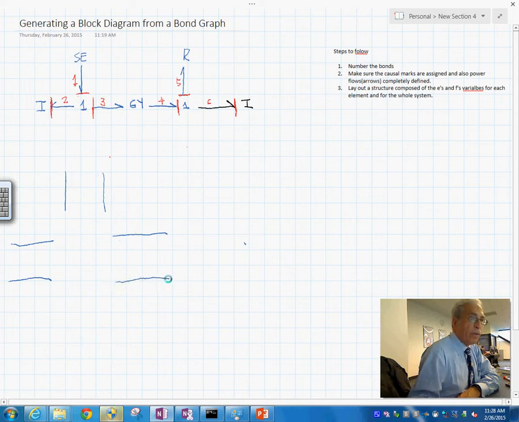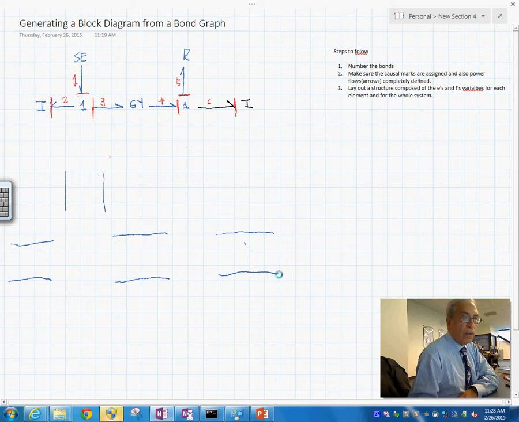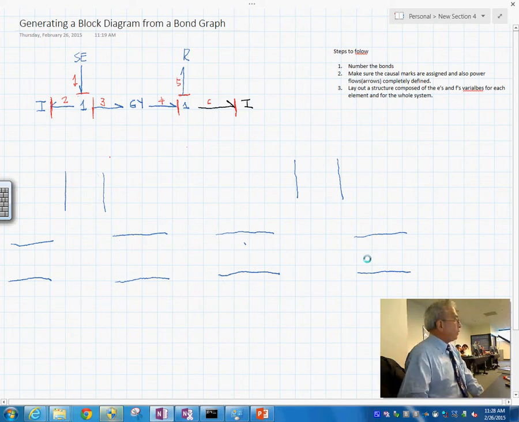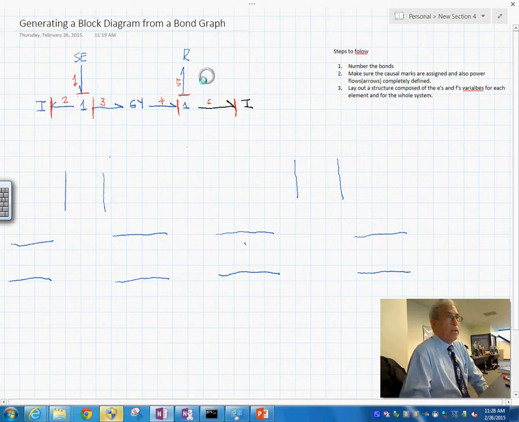All bonds have an effort and a flow associated with them, so each one will produce 2 like this. Our next step would be to see how these are connected. But in my experience, the best thing to do is to lay out the structure for this and then go on from there. So we're not worrying about the junctions right now, but rather just the elements.